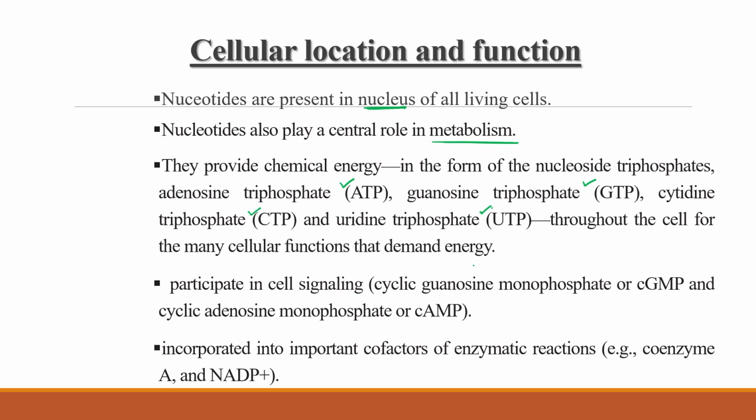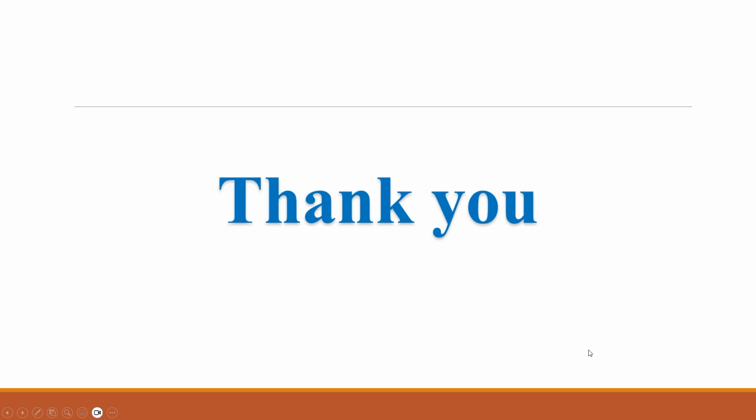They participate in cell signaling as well, as cyclic AMP, cyclic GMP. They are also incorporated as cofactors in certain enzymatic reactions, like NADPH, NAD. So this is all about today's topic of discussion.